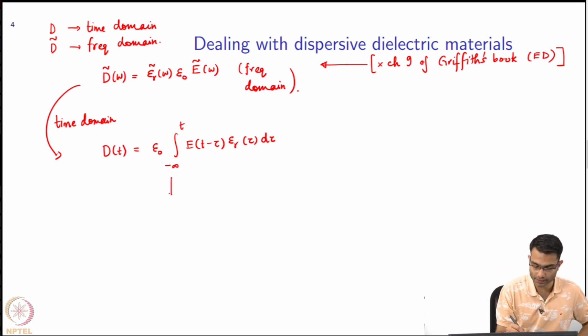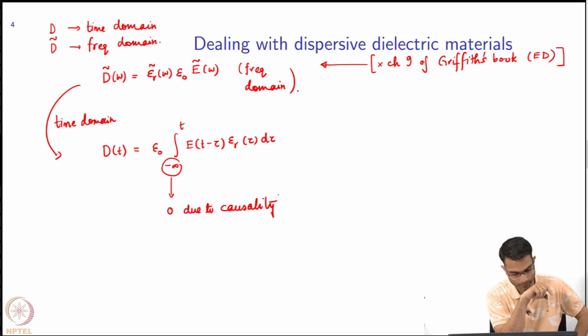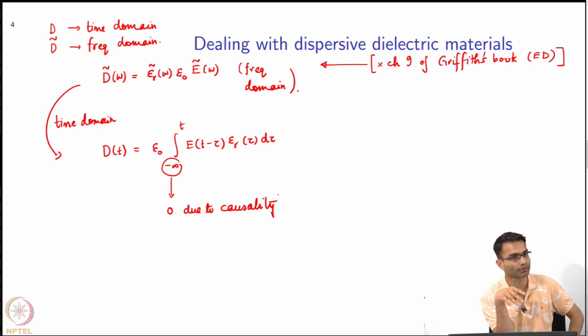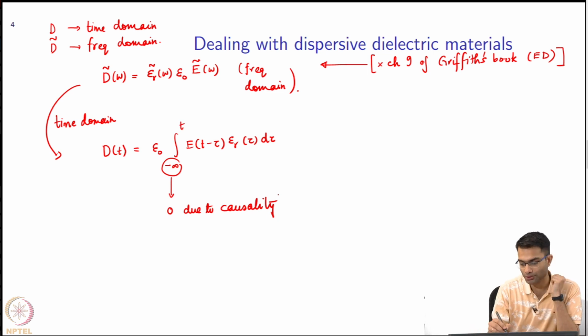So, due to causality, this lower limit becomes 0. And for the same reason, we are going to limit our upper limit to t, right. Otherwise, E at future time instants will also come over here. Right.